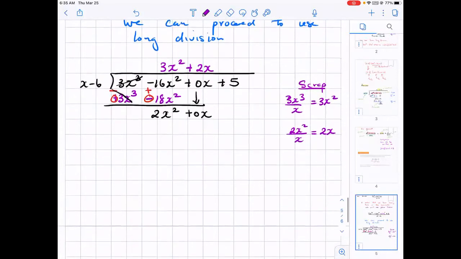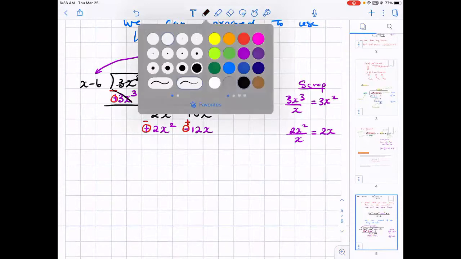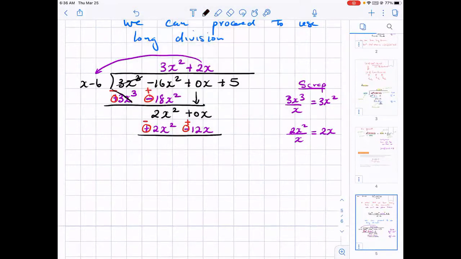And don't forget, we now distribute x minus 6 by 2x. 2x times x becomes positive 2x squared, and 2x times minus 6 becomes minus 12x. Remember, the sign has to be changed, so that becomes a minus, that becomes a plus. So this becomes 12x, and this will cancel out with this. And we now bring down the plus 5.